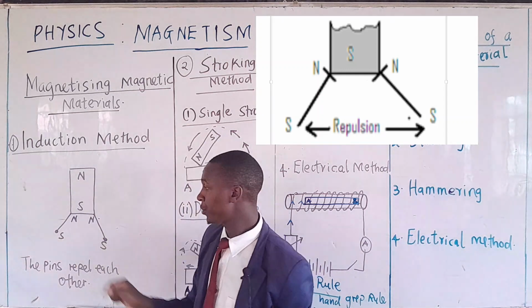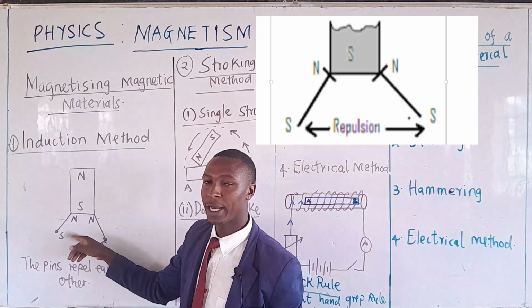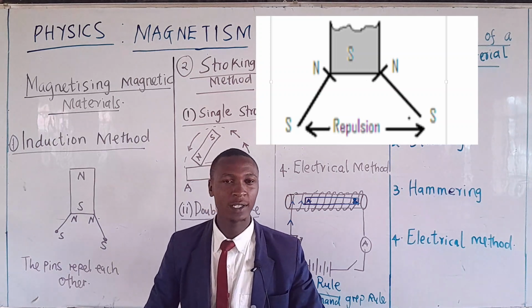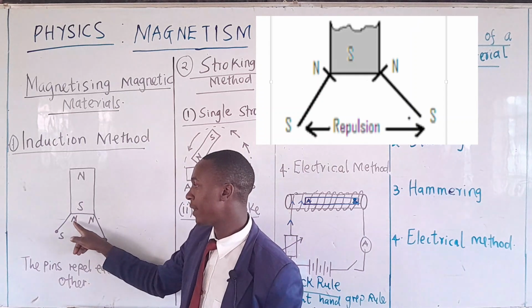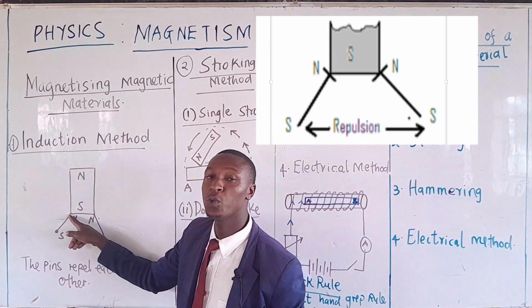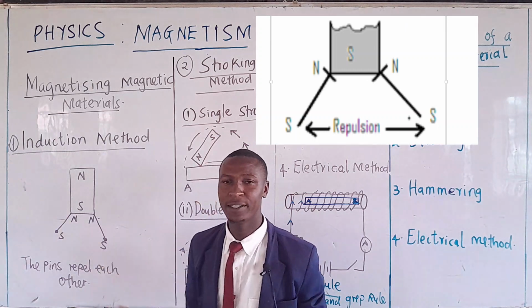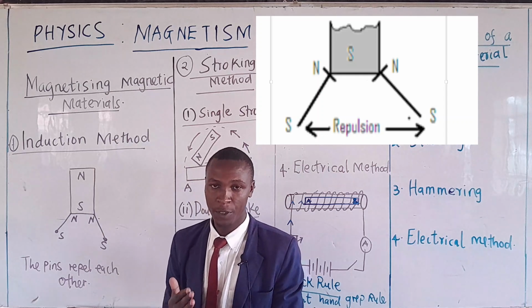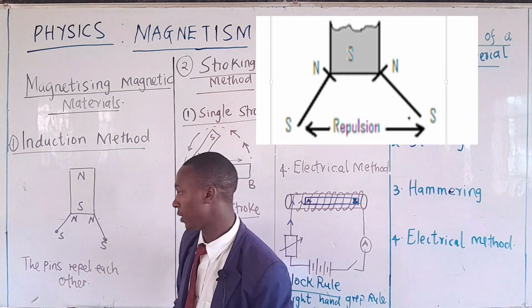The reason is that in the induction method, the point where it is in contact with a magnet acquires an opposite polarity. For example, this is a south, and then the pin on this side is going to acquire a north. We said in the properties of magnets that if one end is a north, then definitely the other side is going to be a south.